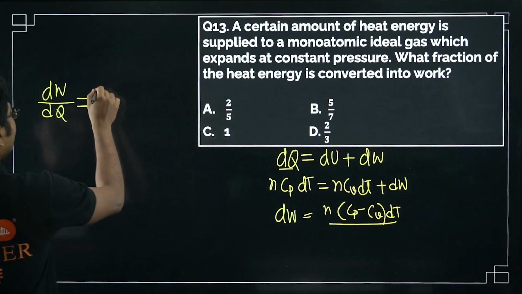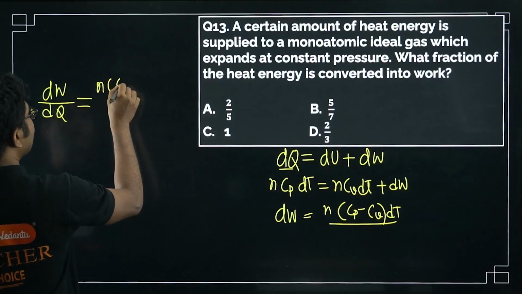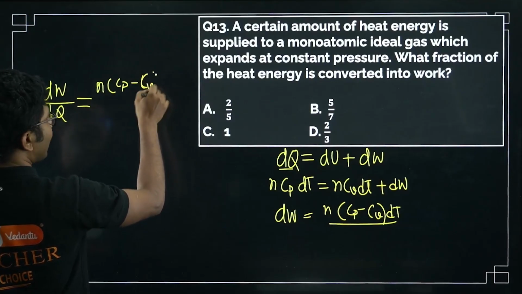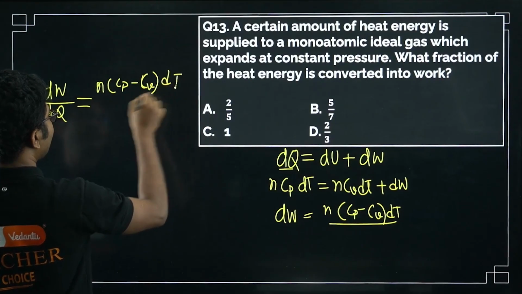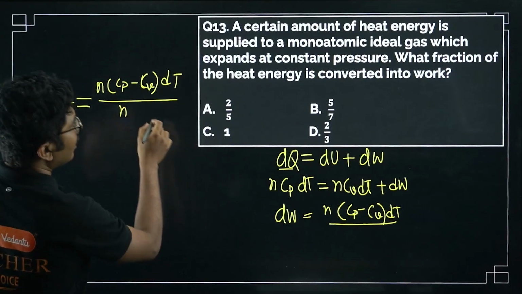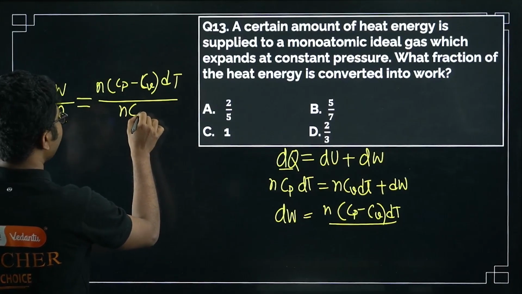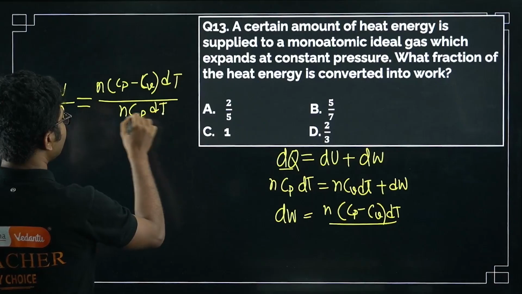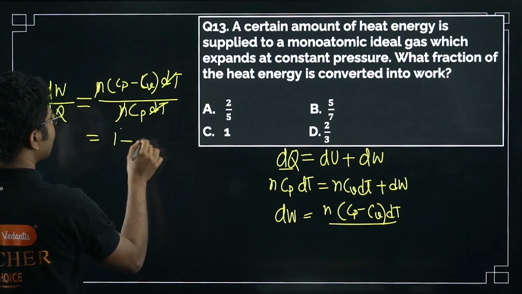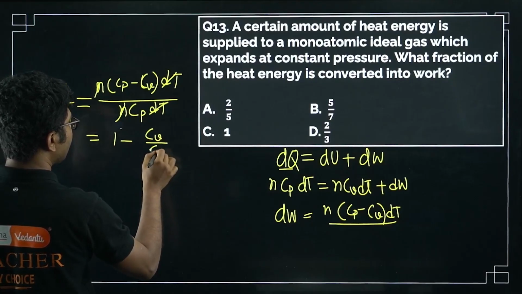We have not yet substituted Cp minus Cv equals R. So now it is n (Cp minus Cv) dT divided by n Cp dT, right? So n cancels, dT cancels, we get 1 minus Cv by Cp.